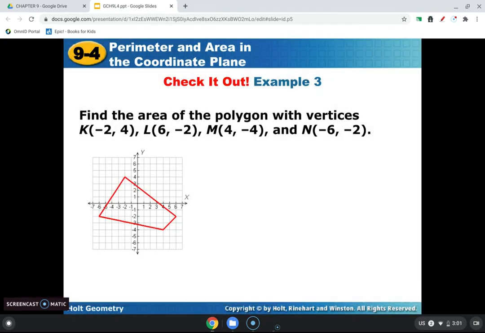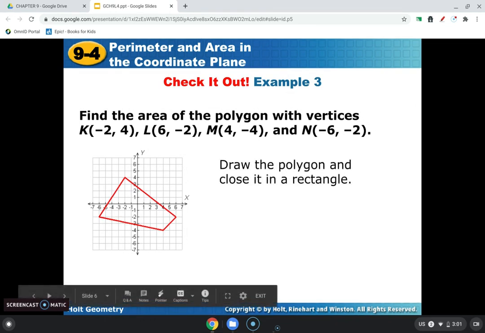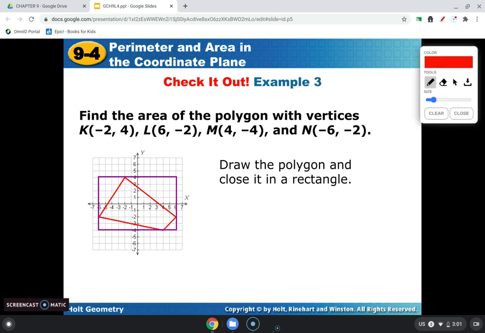So we're going to try to find the area of that polygon. We're going to enclose it in a rectangle. So I'll use that method this time. So we can see that that's 8 by 12. So the outside is 96. And then we're going to subtract each triangle. Well, down here is 2 by 2 times half.